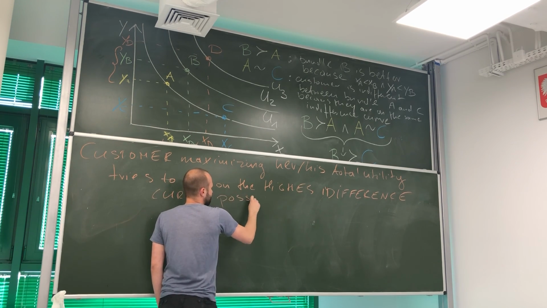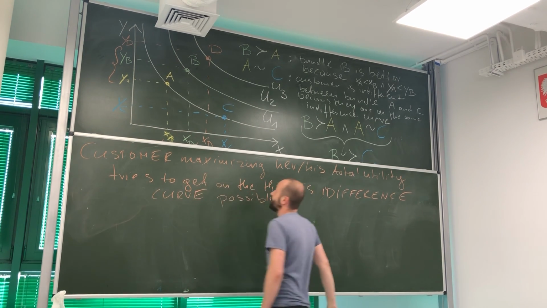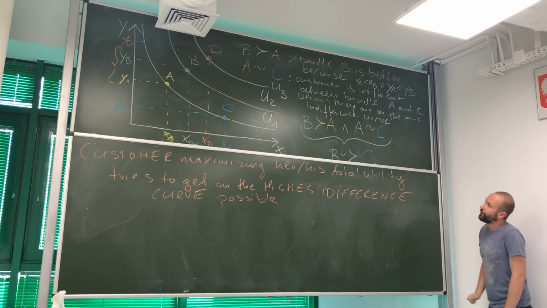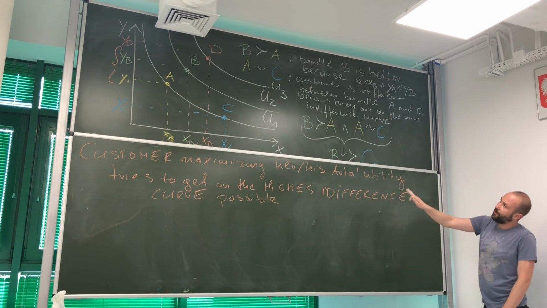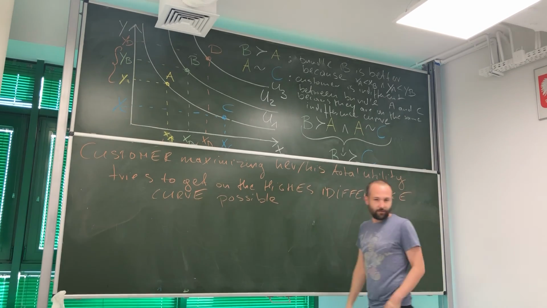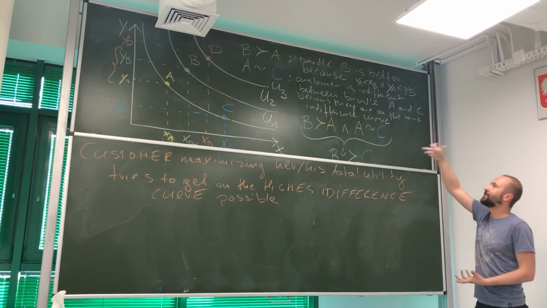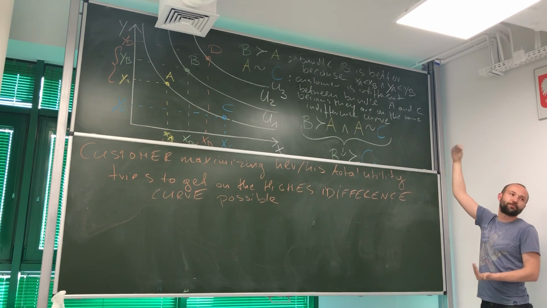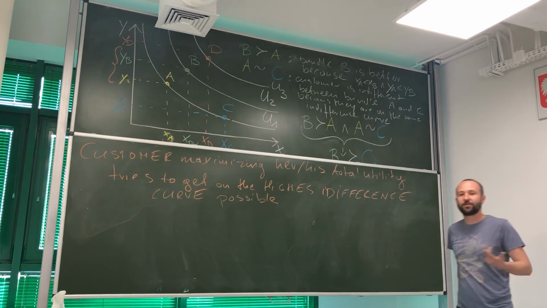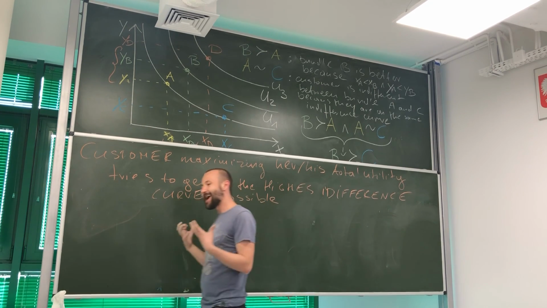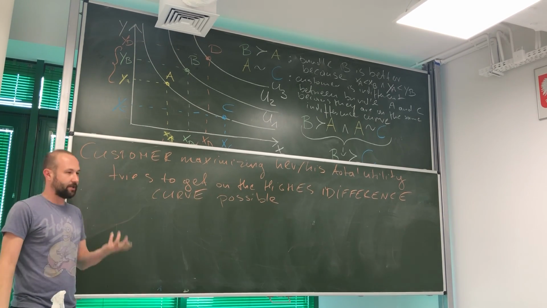So look, an indifference curve represents utility, right? Represents preferences. Then, of course, the customer wants to get on the highest possible, right? Because this one is going to represent the highest attainable utility.